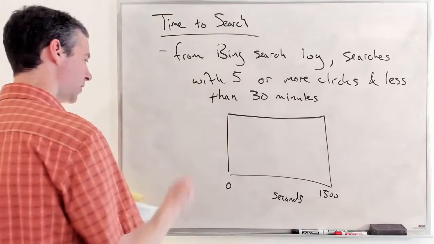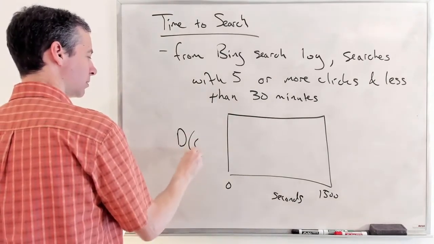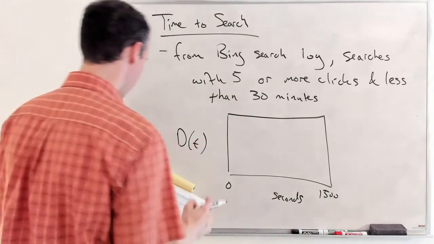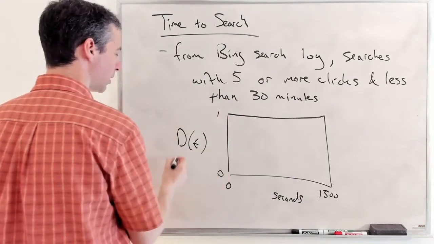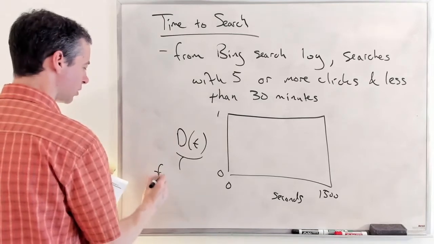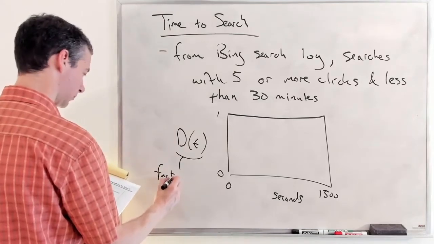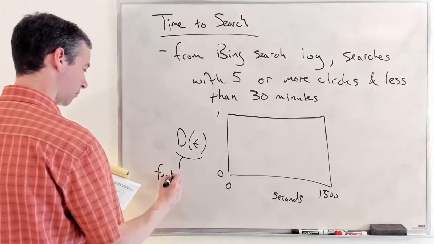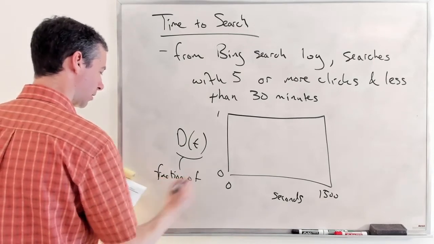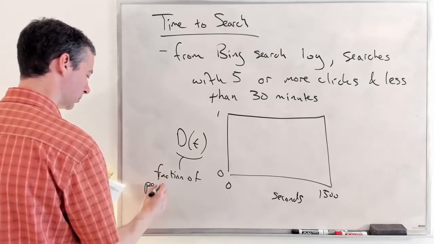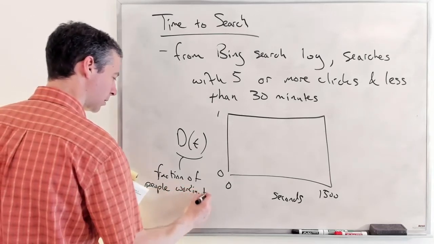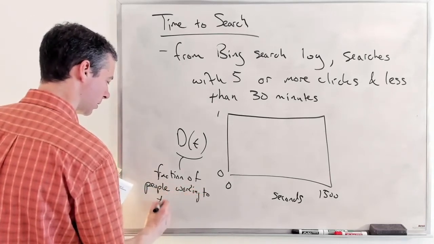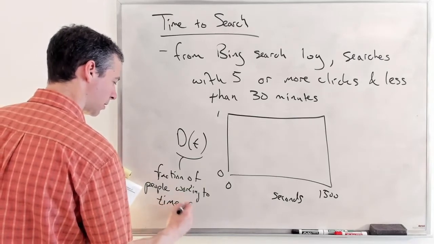And we have here D of t, from 0 to 1, this is the fraction of people still working at time t.